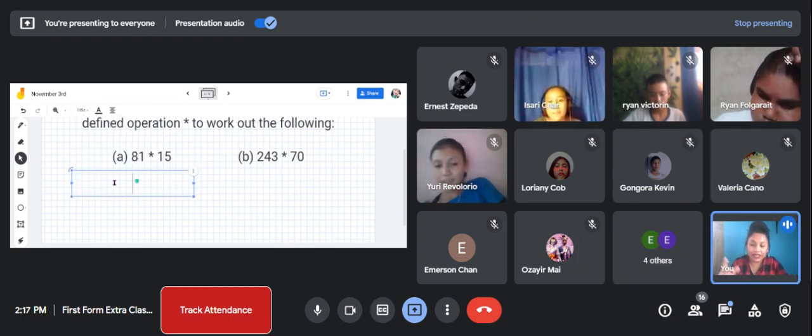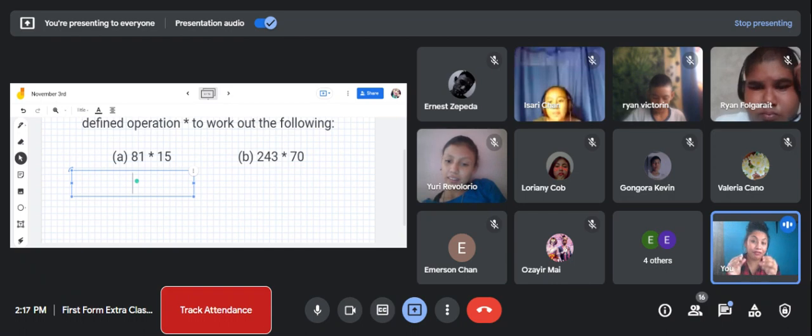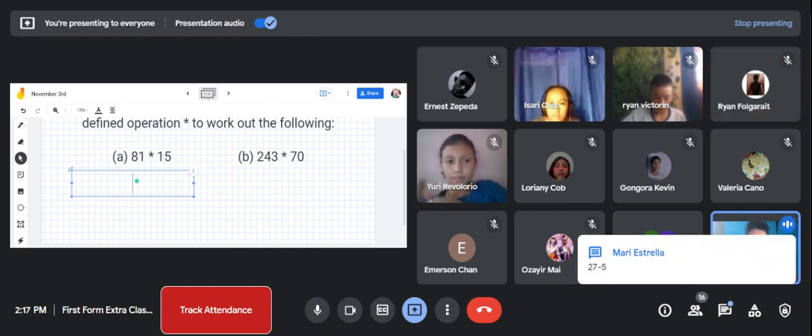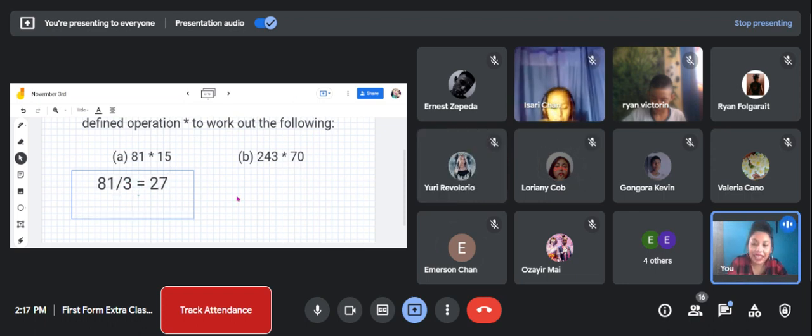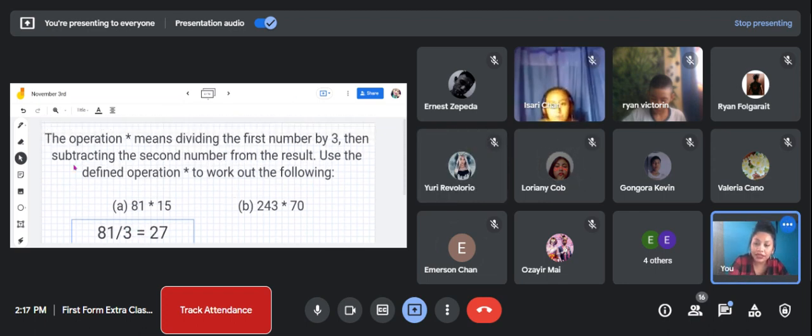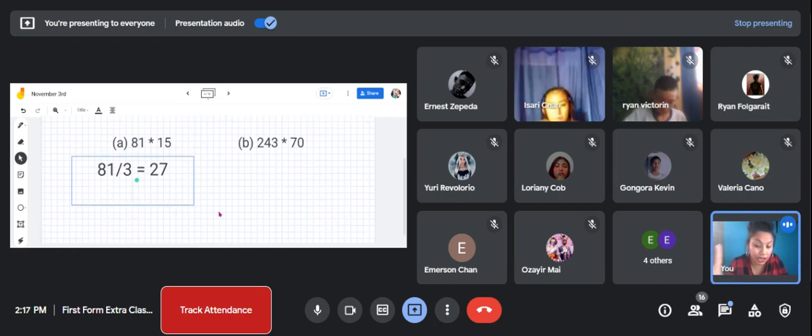So the first thing I want to do is divide the first number by 3. What is the first number in this problem? 81. Very good. What is 81 divided by 3? 27. Very good. And then it says subtract the second number from the result. We have to be careful.